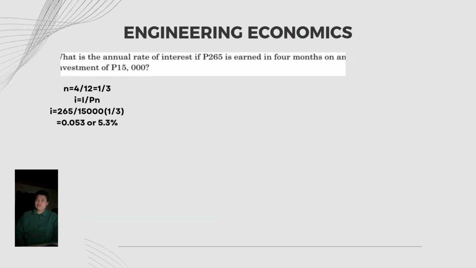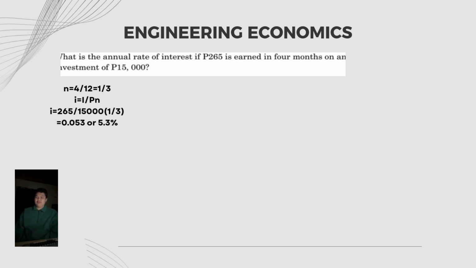What is the annual rate of interest if 265 pesos is earned in 4 months on an investment of 15,000 pesos? For the denominator, we have the interest period. So we have 4 months out of 12 months, so basically it's 1/3, no?